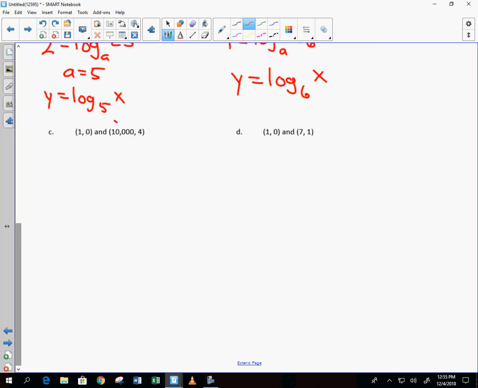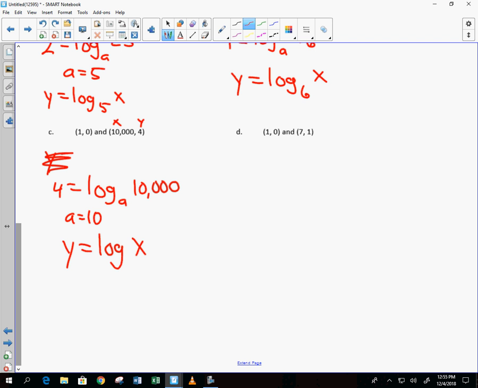This is x, this is y. 4 equals log base a of 10,000. What number did you raise to the 4th power to get 10,000? A is 10, so therefore the function is y equals log base 10, or just log of x. You don't have to write the 10.